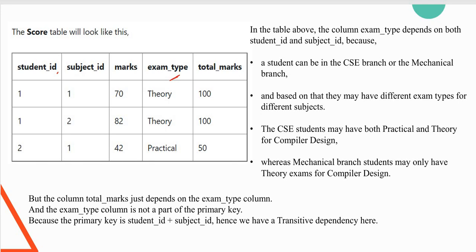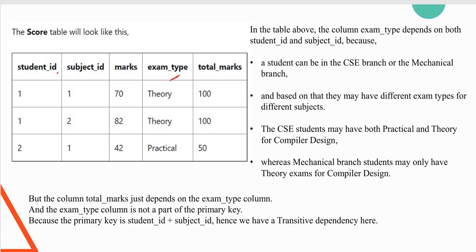So based on that, they may have a different exam type for different subjects. CSE students may have both practical and theory for this particular subject, whereas mechanical branch students may have only theory exam for compiler. So what we do is further divide this.